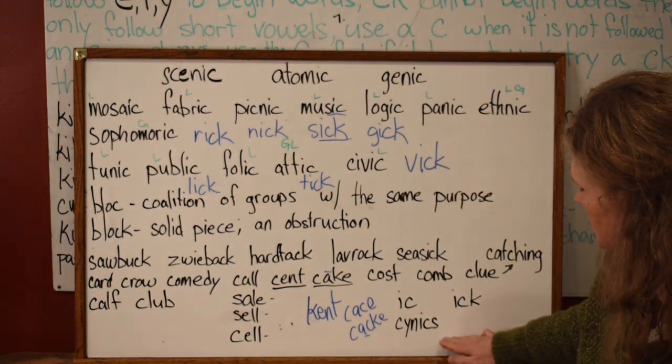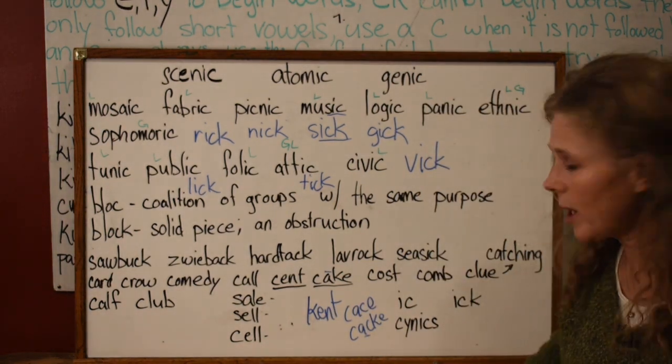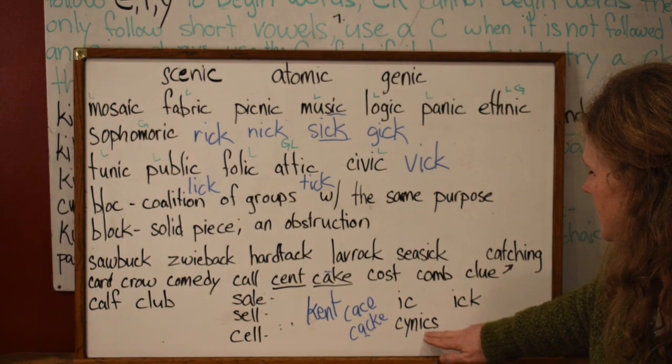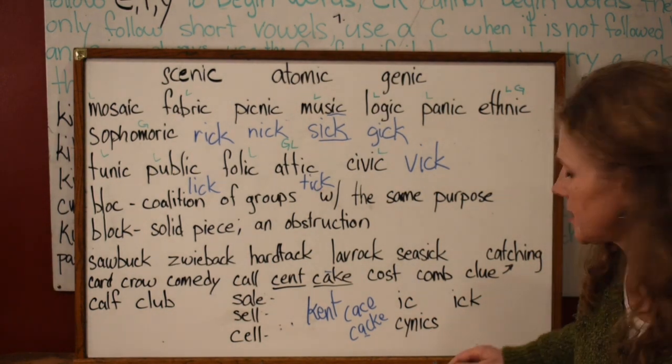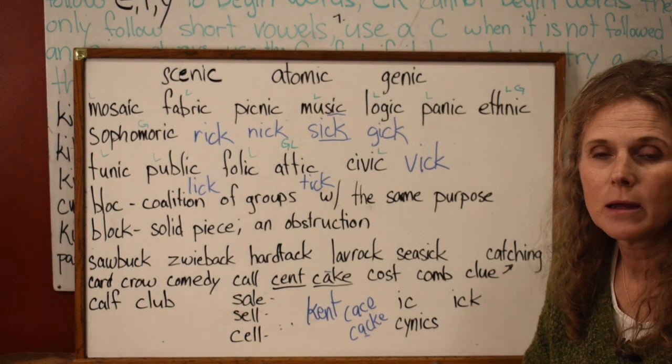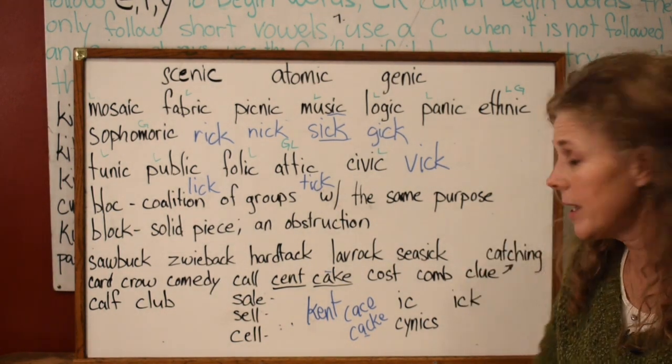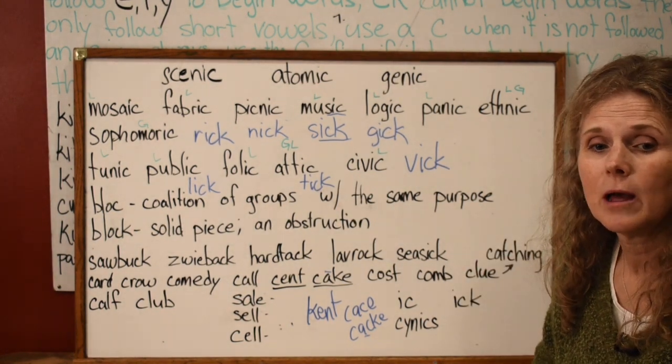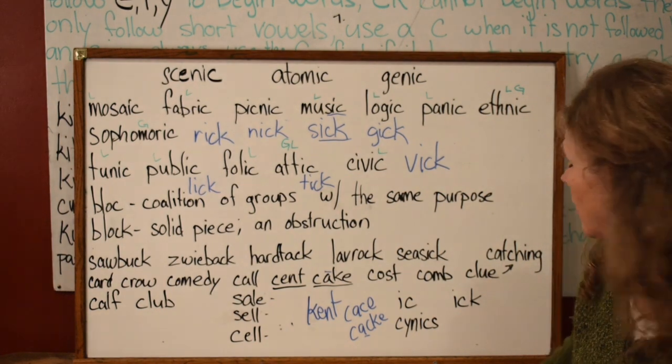But cynic, this right here, this IC, can you tell what origin this comes from just by looking at it? That's close. Greek. It's Greek. Why do you know that? The Y. The Y in the middle of this word.